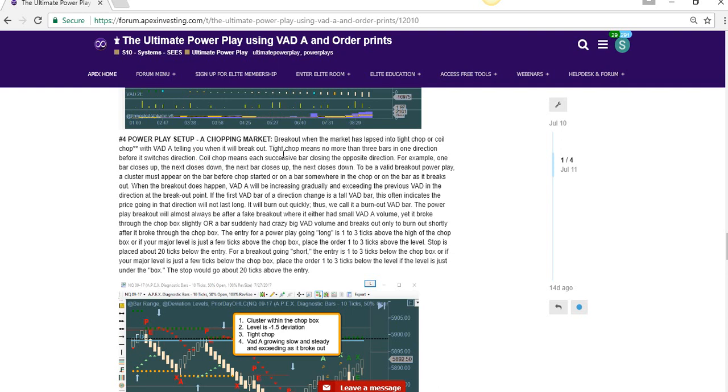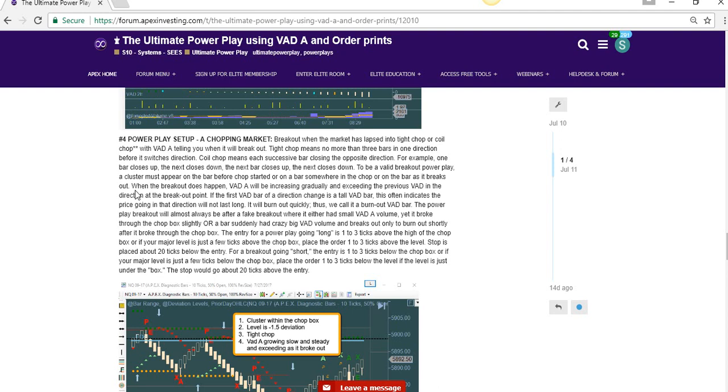Okay, so to be a valid breakout power play, a cluster must appear on the bar before the chop started, or a bar somewhere in the chop, or a bar that breaks out of the chop. So we talk about how clusters need to be within a few bars before the setup.